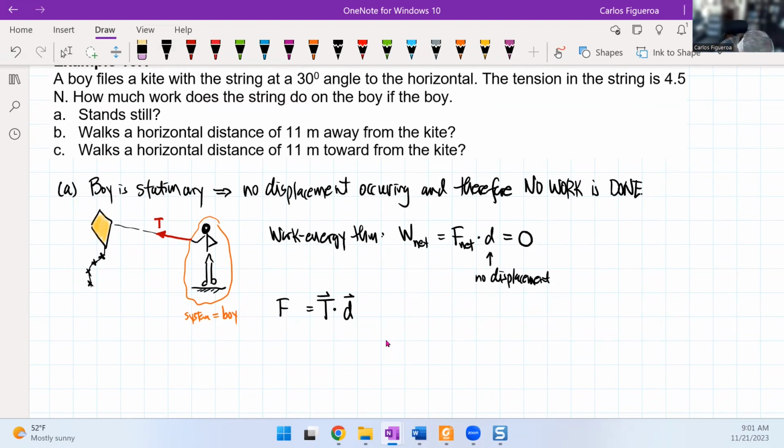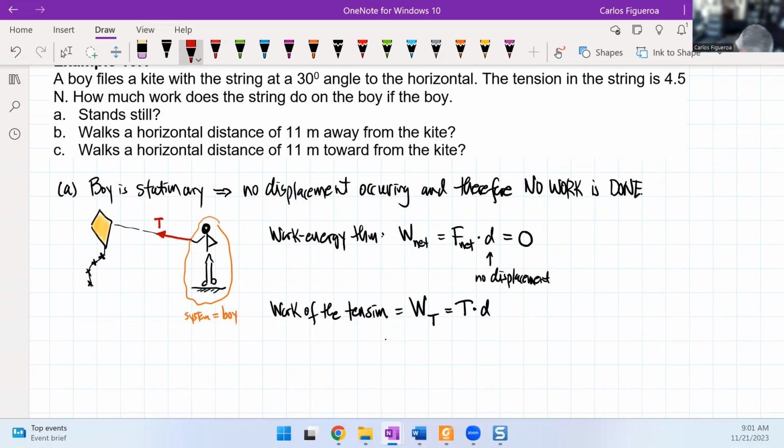So I said net work, but I really mean, oh gosh, my language is bad. I'm going to erase this again. Sorry about that. What I've got to say here is that the work of the tension has to be the tension times the displacement.